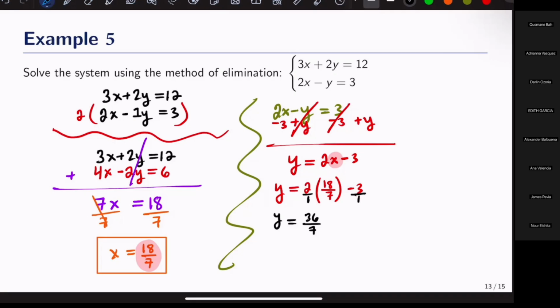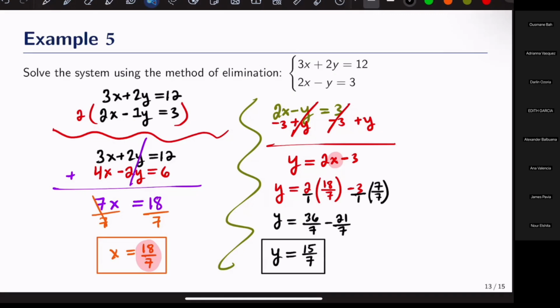Multiply 3 over 1 by 7 over 7. And we end up with minus 21 over 7. 36 minus 21 gives you 15, I believe. So our y value is simply 15 over 7.